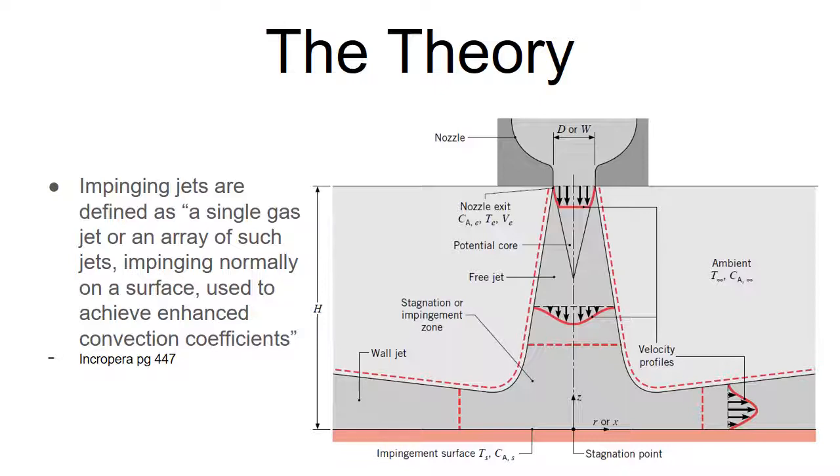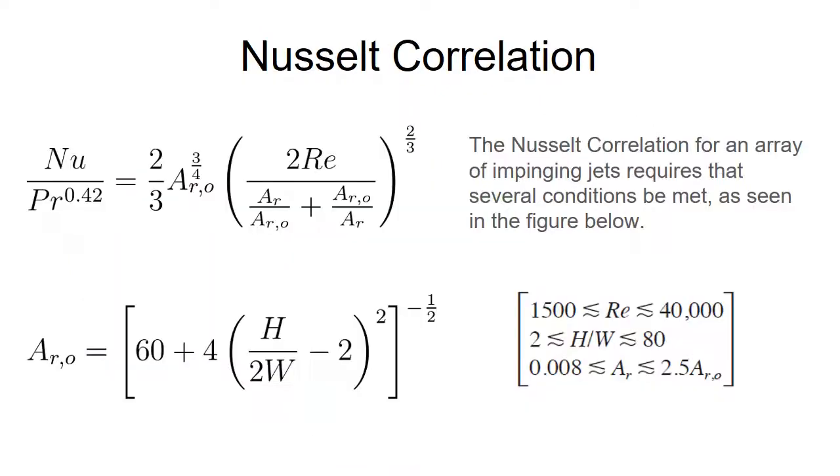We basically used the parameters shown in this picture, and we were able to take measurements of the width and those kinds of things so that we could find out whether or not the correlation would work for our project, and the corresponding Nusselt values and heat transfer coefficient. This slide shows the Nusselt correlations for impinging jets and how they're related to the Reynolds number and Prandtl number of the jet.